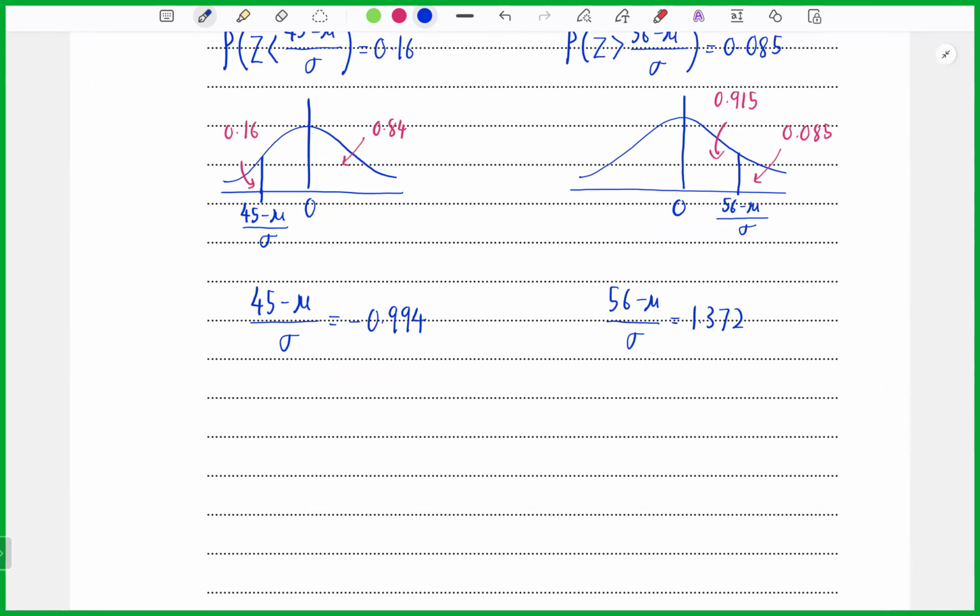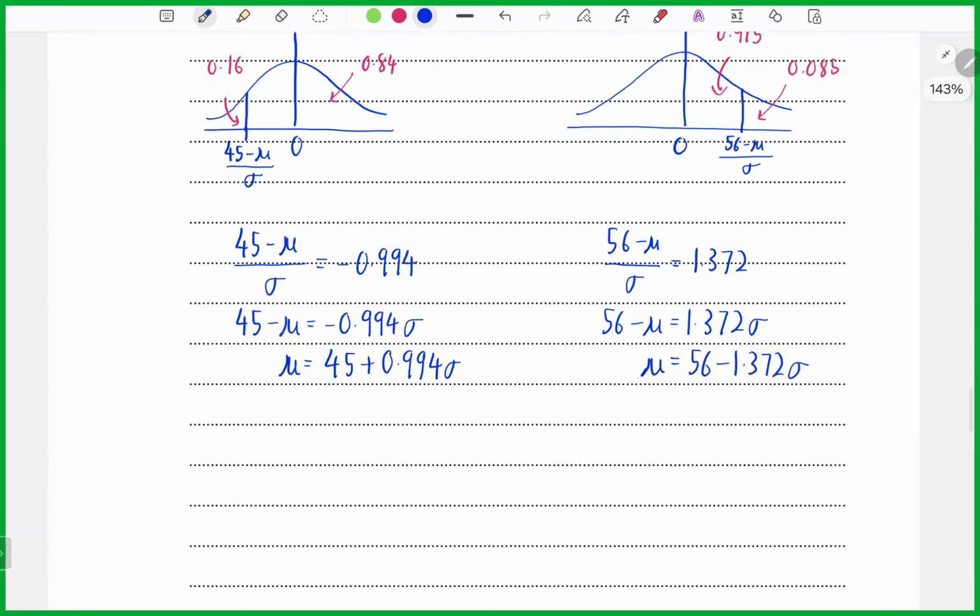So we can solve them as linear simultaneous equations. 45 minus mu equals negative 0.994 standard deviation, and 56 minus mu equals 1.372 standard deviation. So mu equals 45 plus 0.994 standard deviation, and mu equals 56 minus 1.372 standard deviation.